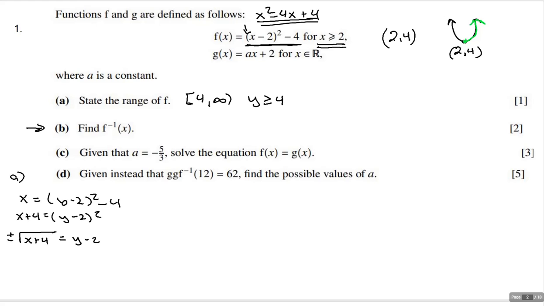So then, how would you finish it? You add 2. So it's going to be f negative 1 of x is equal to 2 plus or minus the square root of x plus 4.